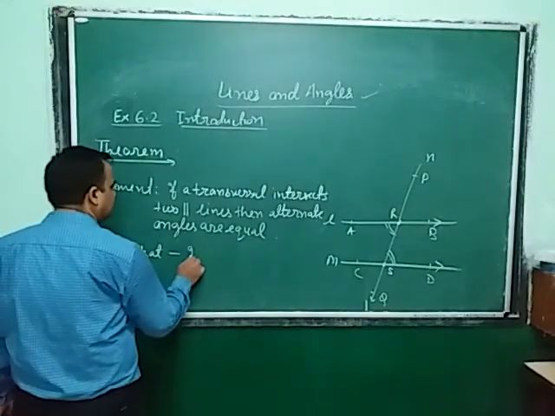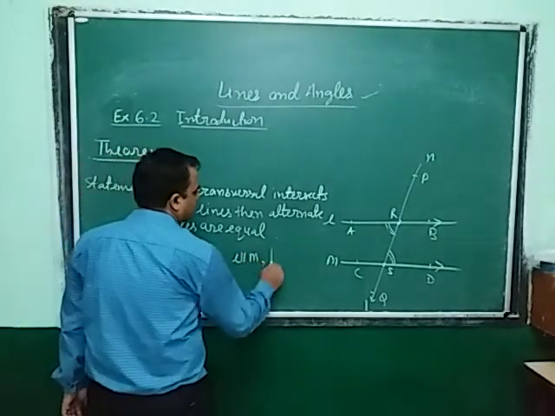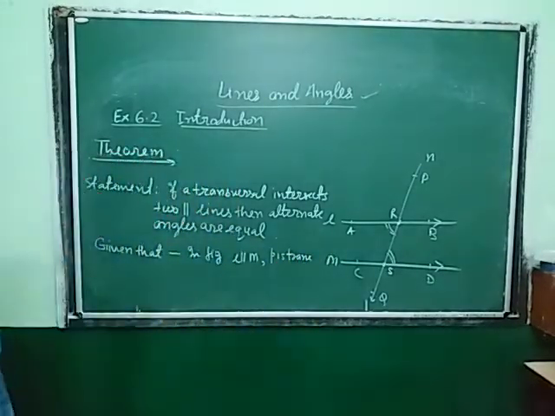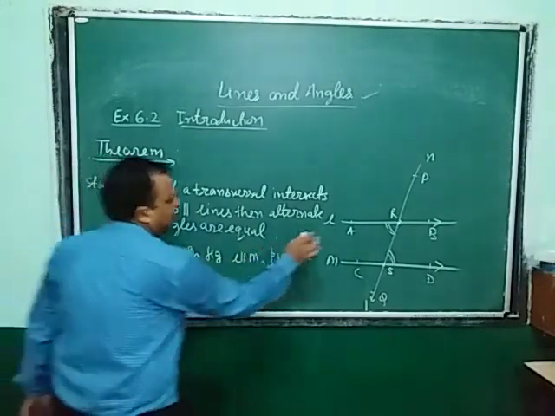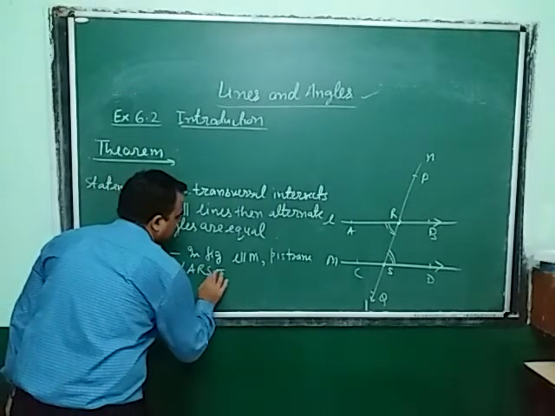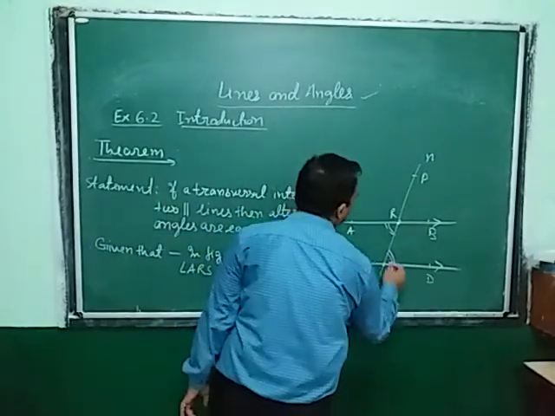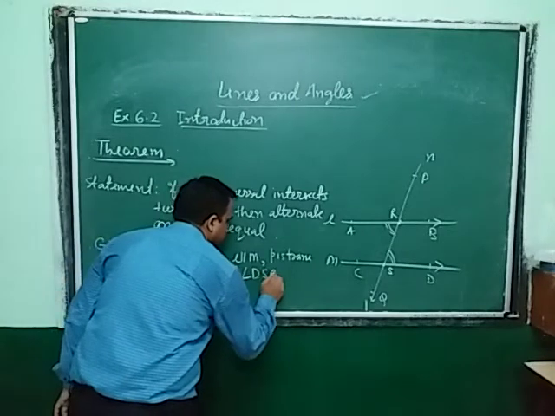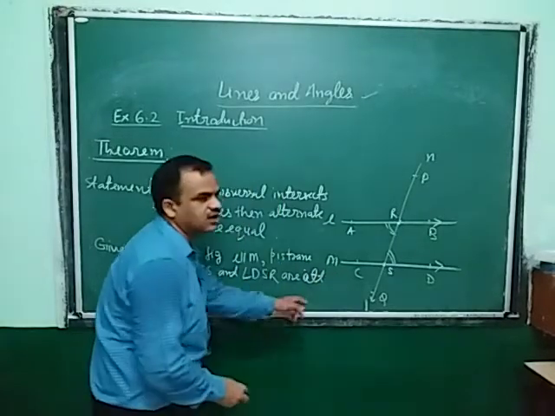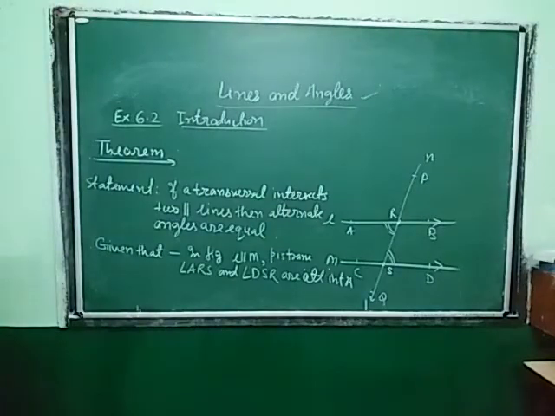So, in the figure, line L is parallel to M, P is transversal, angle ARS and DSR are alternate interior angles, given that.